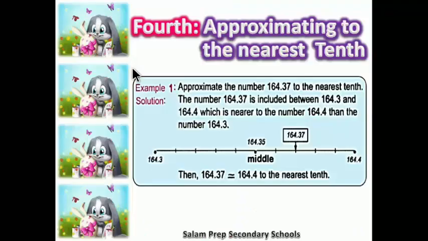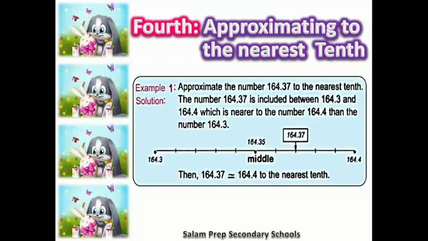Let's learn how to approximate to the nearest tenths in decimal part. Example 1. 164.37 is approximated to the nearest tenths. Please look at tenths digit in decimal part, okay? Digit 3.